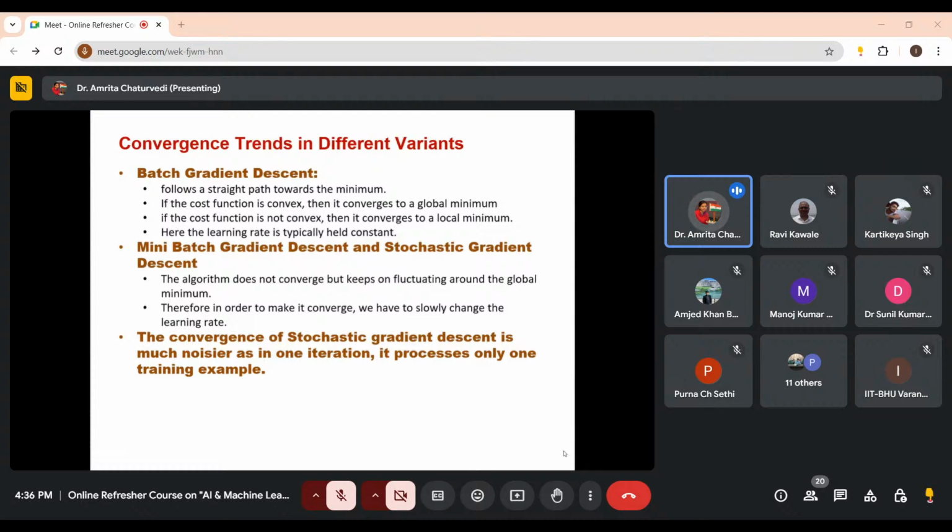So let us see the convergence trends in different variants. So batch gradient descent follows a straight path towards the minimum. If the cost function is convex, then it converges to a global minimum. If the cost function is not convex, then it converges to a local minimum. So here the learning rate is mostly held constant.